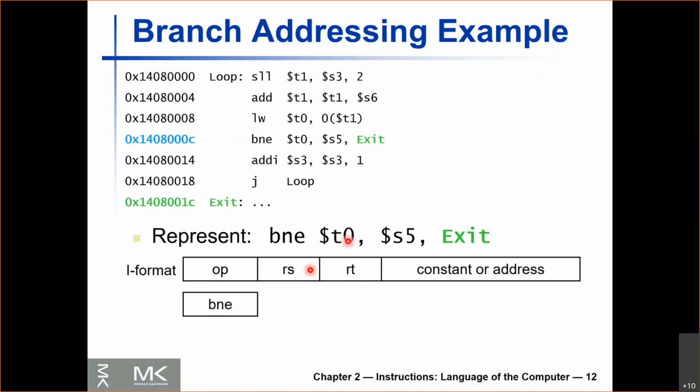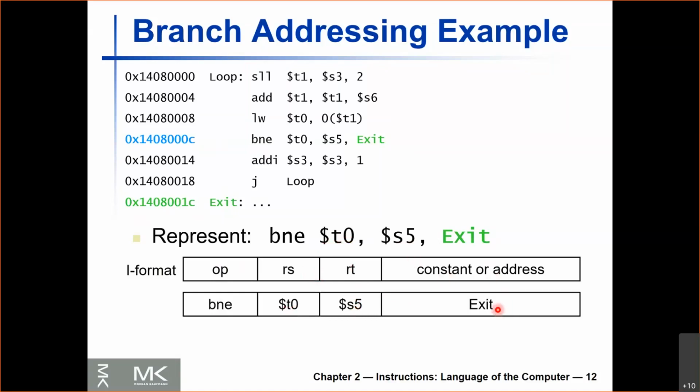Right, so the RS and RT are going to be T0 and S5. So RS will be T0, RT will be S5. And then the constant or address, the label is going to be the exit label. Okay, so these are the values that we want to represent in each of these fields.